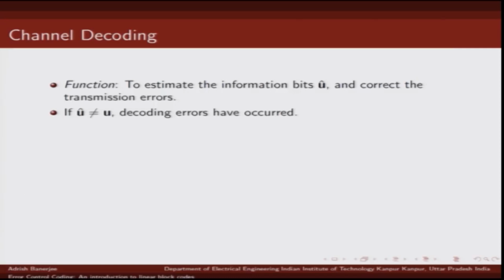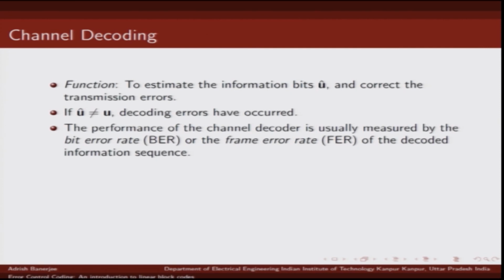So, when do we say an error has occurred? If our decoded bit is not the same as the transmitted bit, we say that a decoding error has occurred. And how do we quantify these decoding errors? We quantify them using what we call bit error rate or frame error rate.